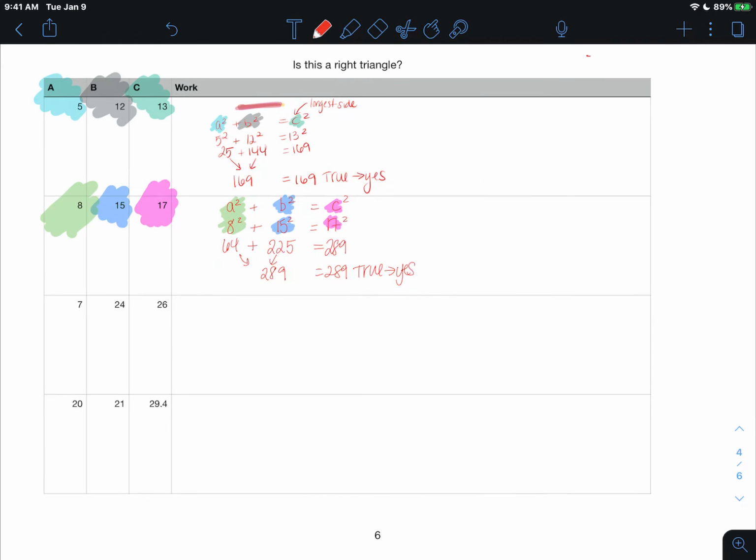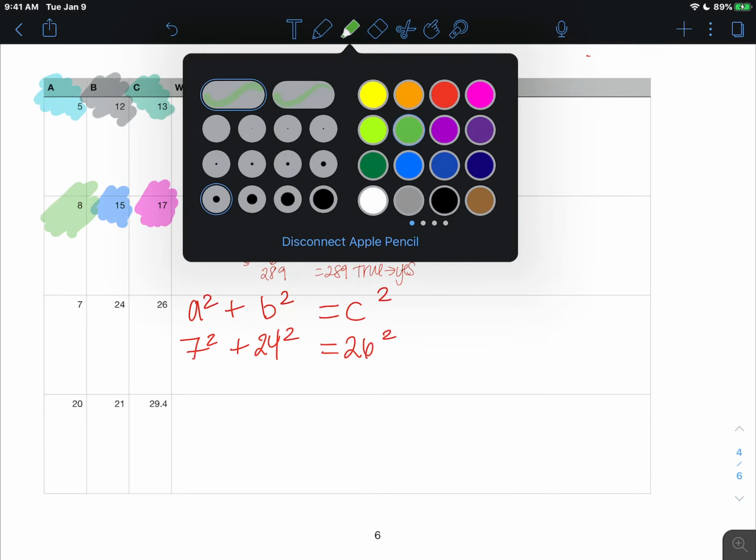All right, let's do it again. So they asked, are these numbers a right triangle? Okay, so 7, 24, 26.